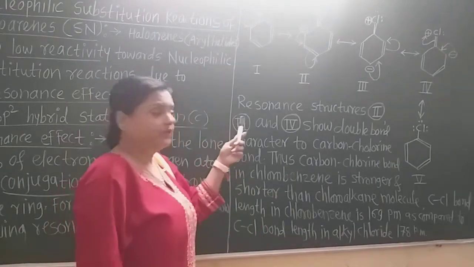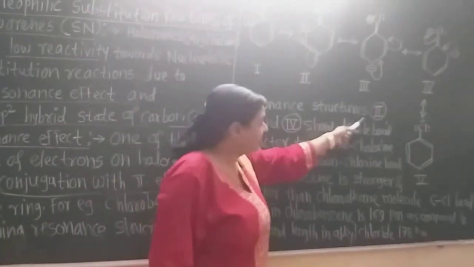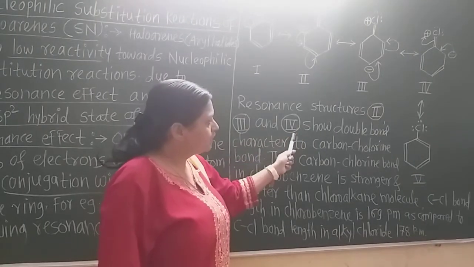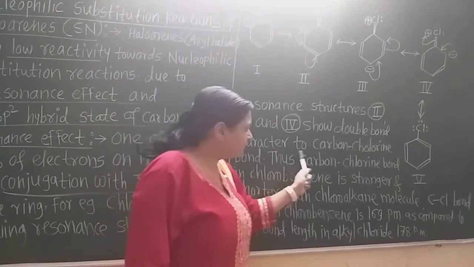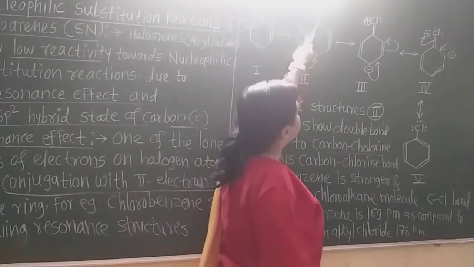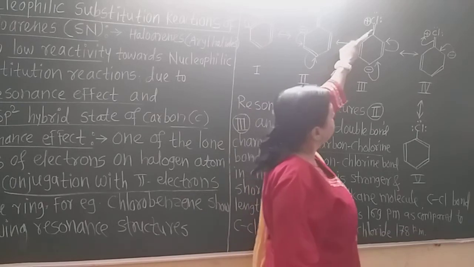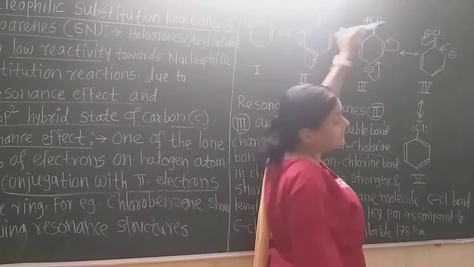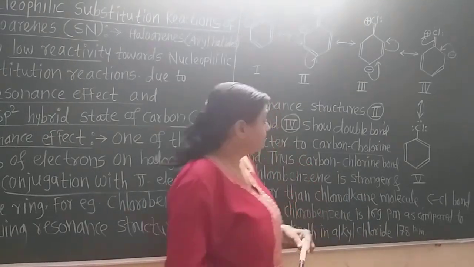Resonance structures second, third, fourth show double bond character between carbon and chlorine. See here, in the second, third and fourth structures, between the carbon and chlorine there is double bond character.